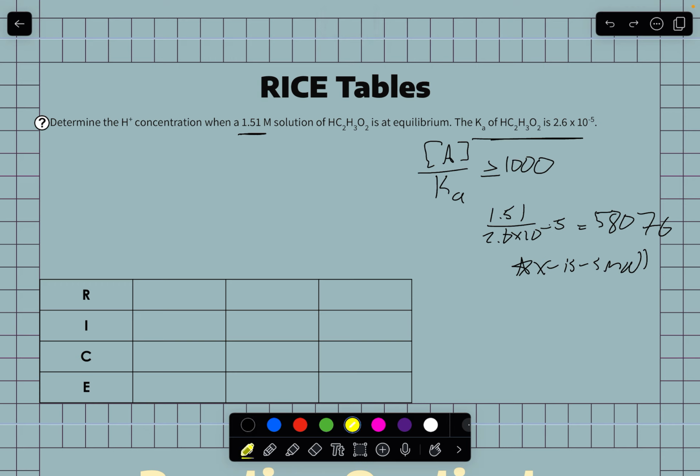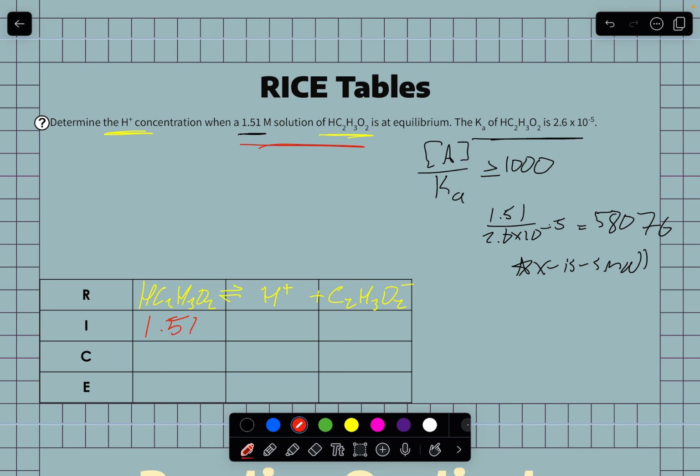Okay, but let's go ahead and fill out our ICE table. So we are looking for H plus. Our starting is HC2H3O2. That's going to H plus, and then what's left is our C2H3O2 with a -1 charge because we got rid of that H. Our initial for the starting is that 1.51 molar.